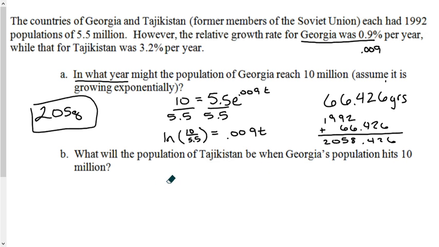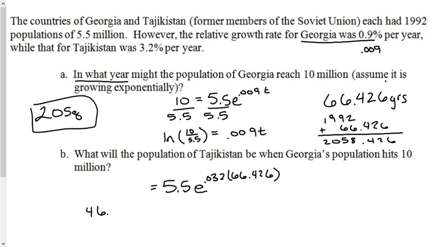All right, what will the population of Tajikistan be when Georgia's population hits 10 million? Well, we know that Tajikistan also started with 5.5 e to the 0.032, and we'll use the time value, which is 66.426 years. And you put that in your calculator, and I'm going to save you a little bit of time and just write it out here, but you should check that out.